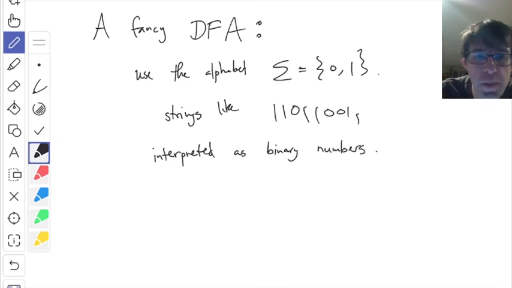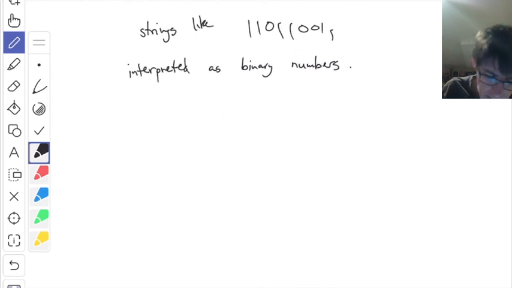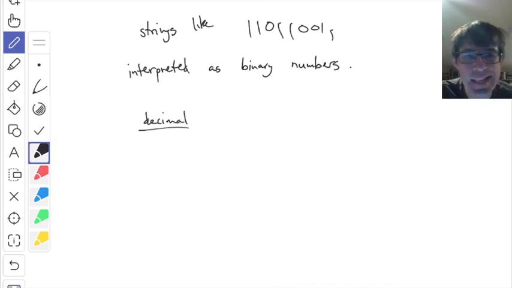I don't know if you're into binary, but I will give you a very brief refresher about what I mean by binary numbers. The way that we write down numbers is typically in what we call decimal. DEC refers to base 10.